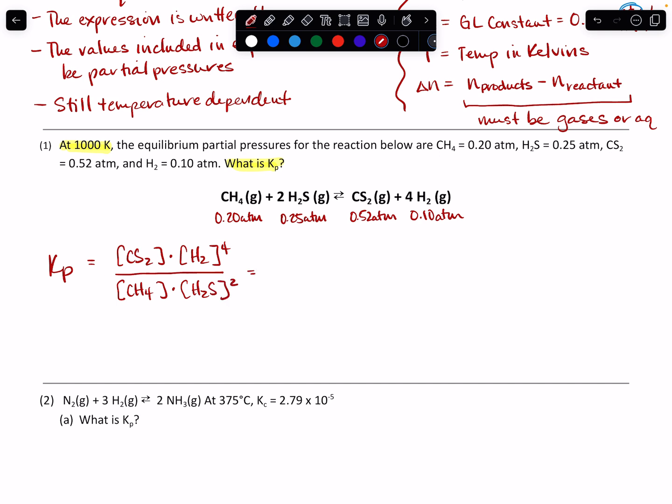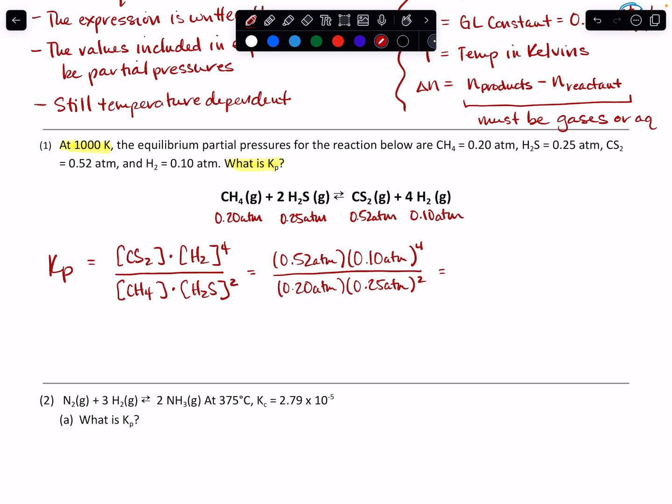All right, so now we just need to plug everything in. So we have 0.52 for CS2, 0.1 for H2, and we'll need to raise that to the fourth power. Then we're going to divide that by 0.20 atm and 0.25 atm, and we'll need to square that.